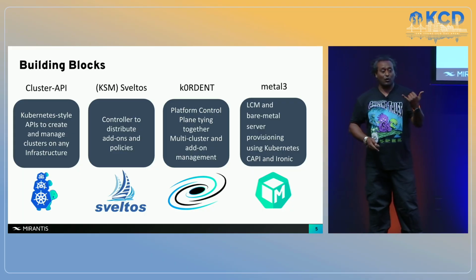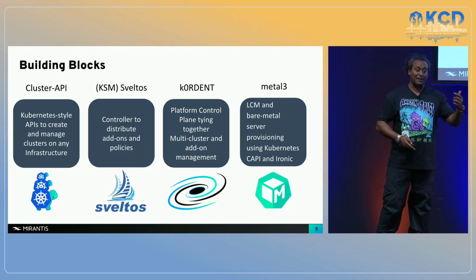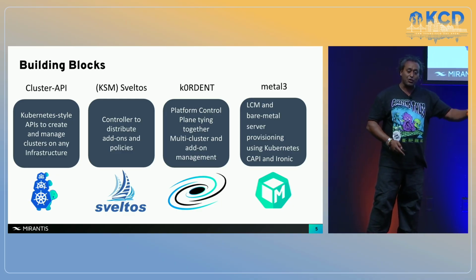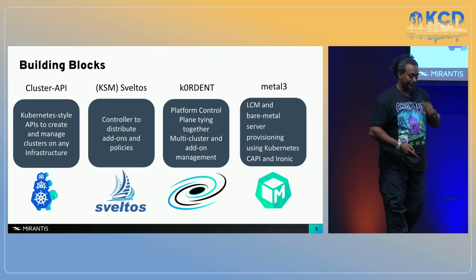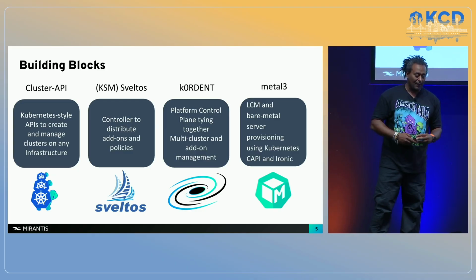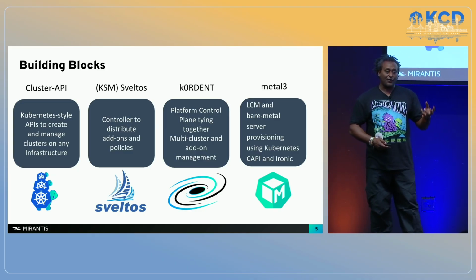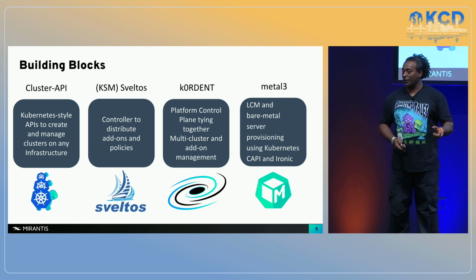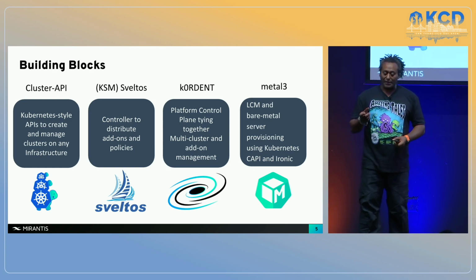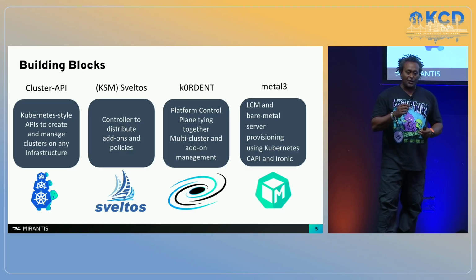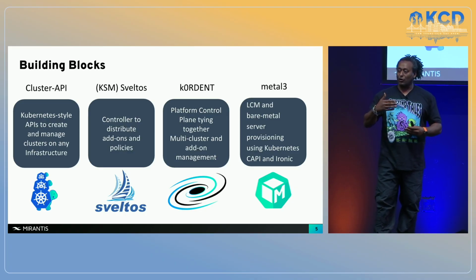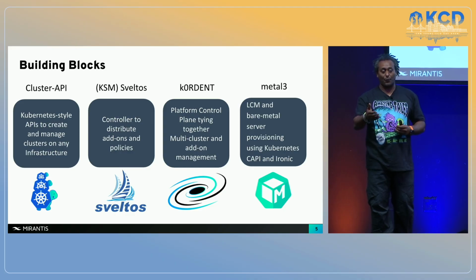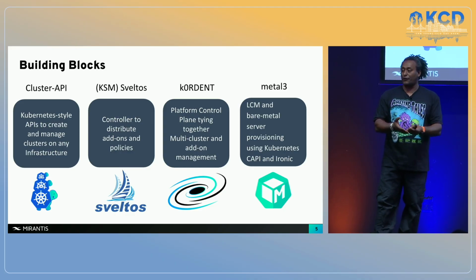There is a bare metal operator, which talks to the bare metal and does those operations that we saw before, inspection and enrollment. And ultimately, there is a component that those that have done OpenStack know very well, Ironic. Ironic manages the power cycle of the systems and the provisioning of the operating system, the writing of the operating system image.